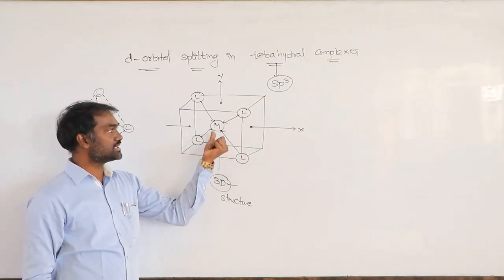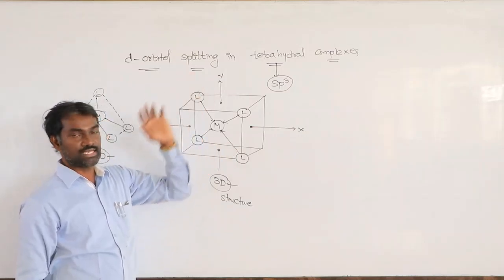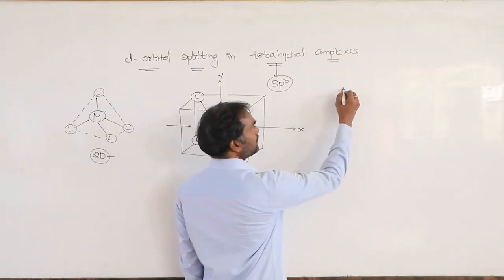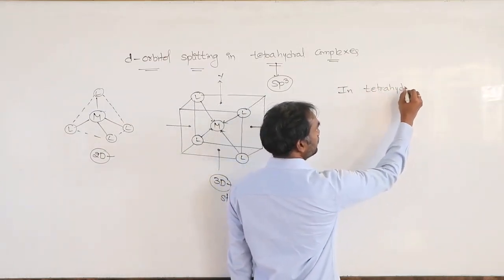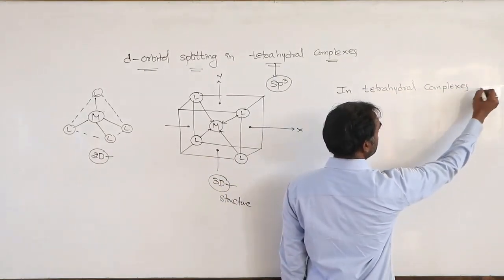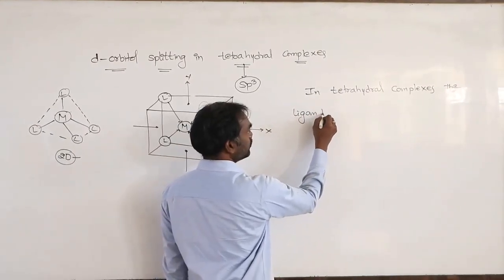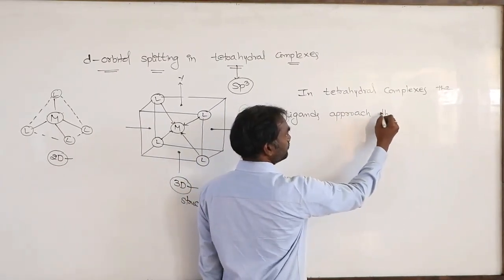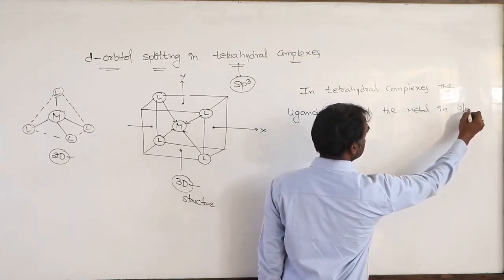Now by seeing this, these 4 ligands are approaching the metal in between the axis. Next, those present in between the axis feel more repulsion and get excited to a higher energy level. So if you write the matter: in tetrahedral complexes, the ligands approach the metal in between the axis.